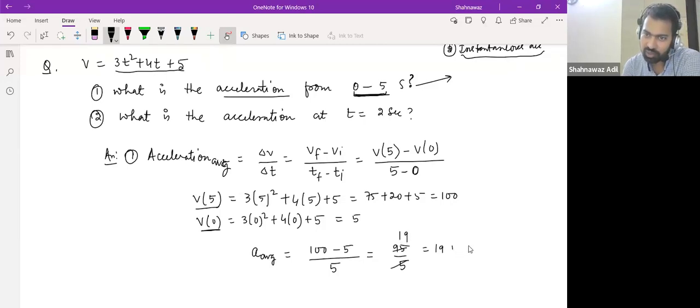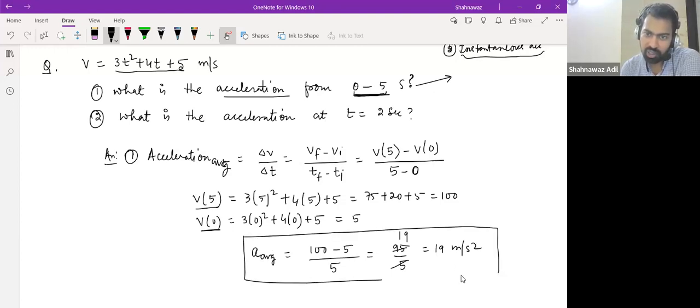And the units are meter per second square. Any doubt in this problem, guys? Any doubt?